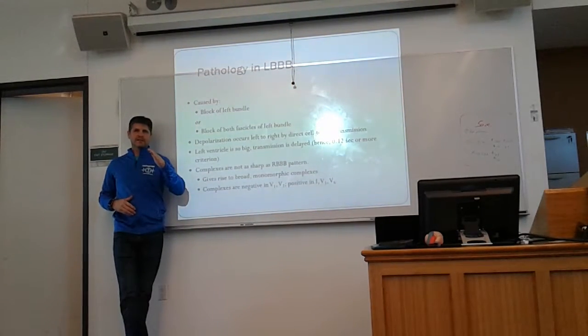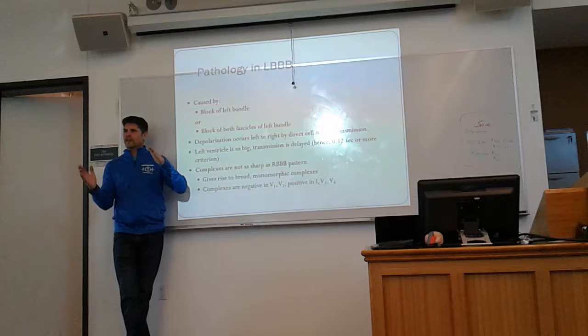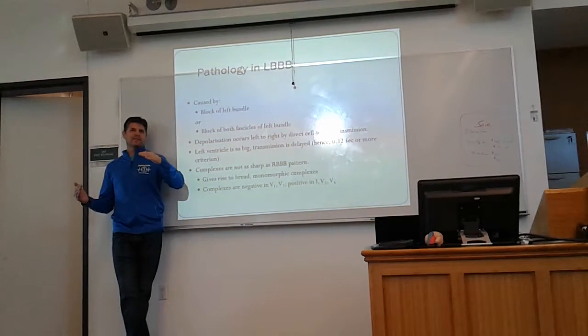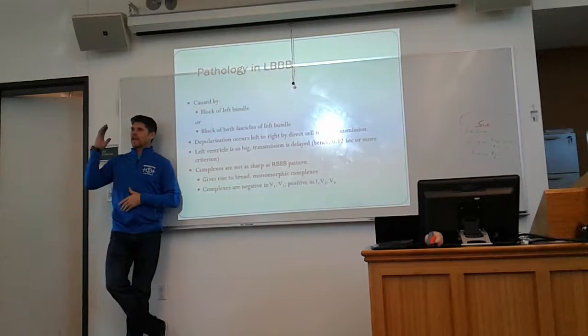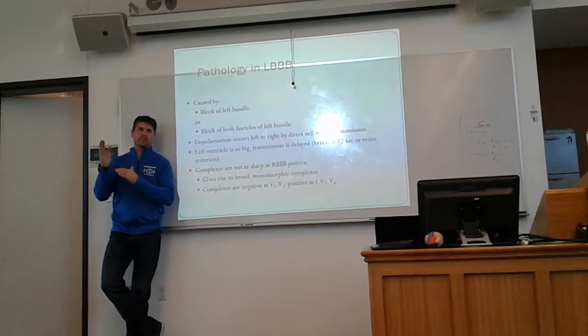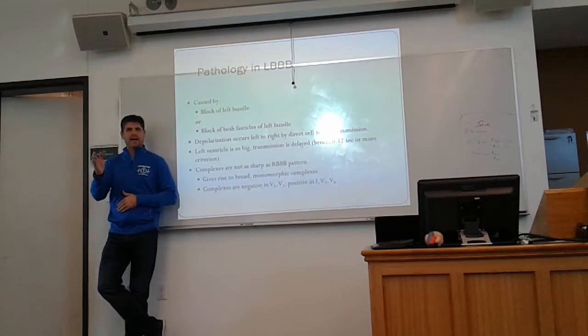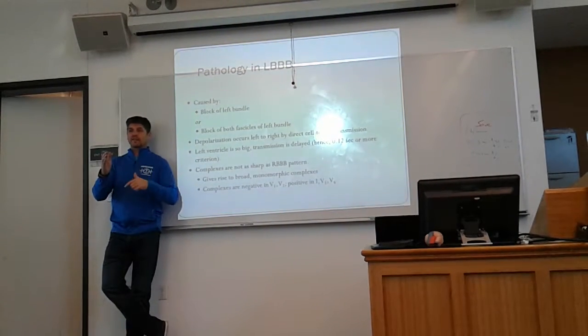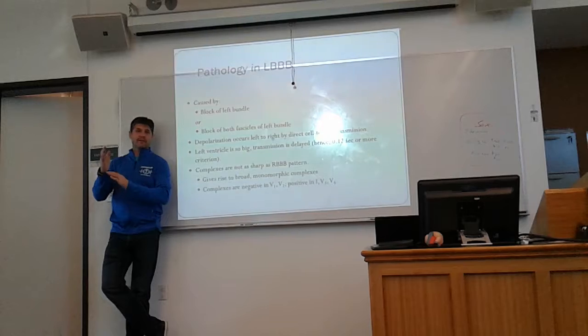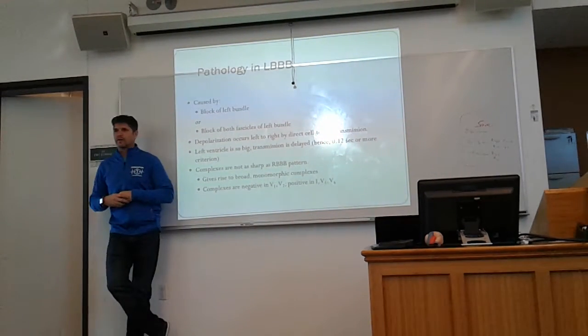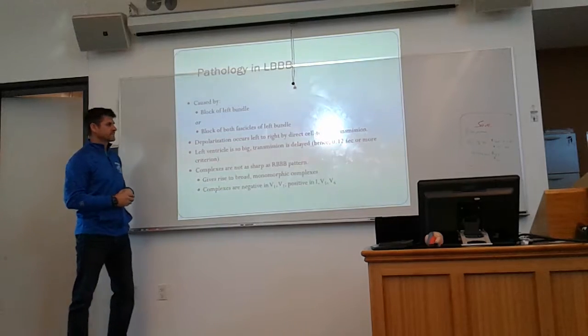If the bundle's blocked, then the fascicles may not be blocked, but they can't get the depolarization because it's not going down to them. Or if independently both of the fascicles are blocked. Maybe they had one fascicle blocked for a period of time, and then their disease process continued and it ended up blocking the other fascicle eventually because of cellular death, and now we end up with the same result. Okay?